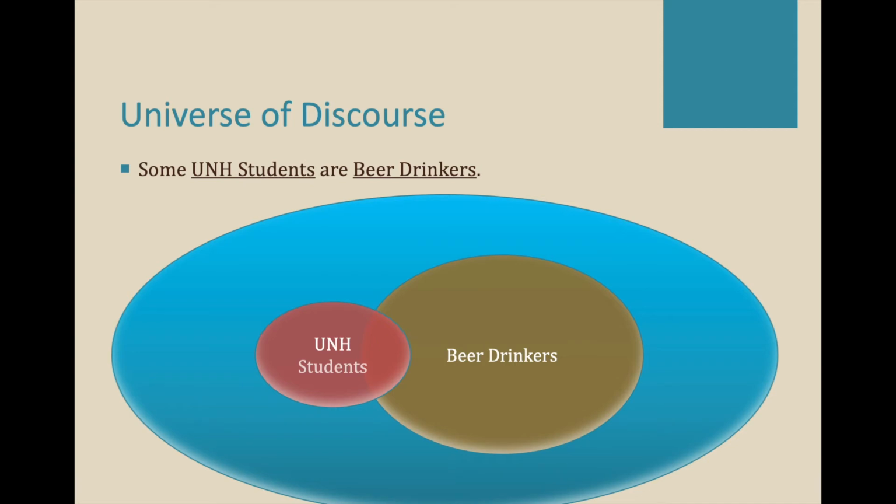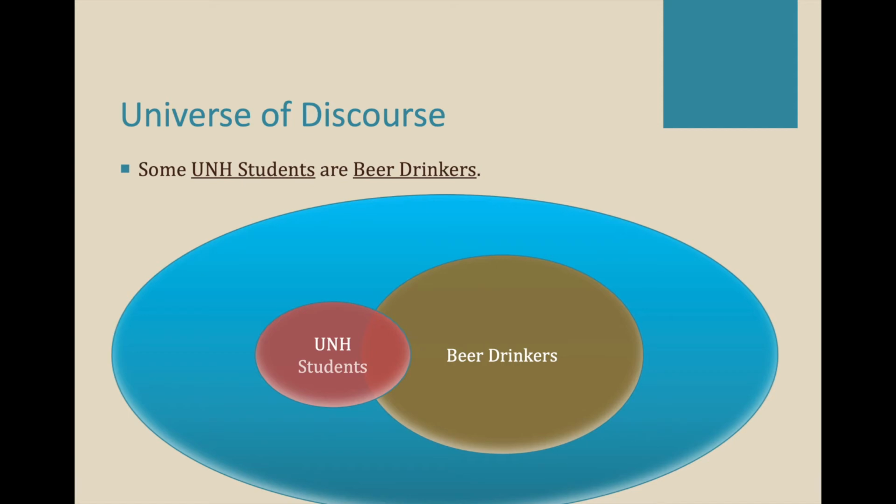The statement says some UNH students are beer drinkers, which is in effect to say some members of the class or category of UNH students are also in the class or category of people who are beer drinkers.